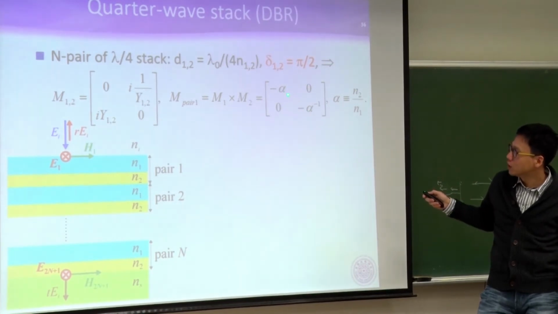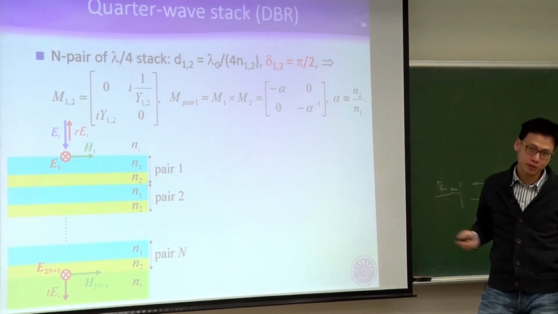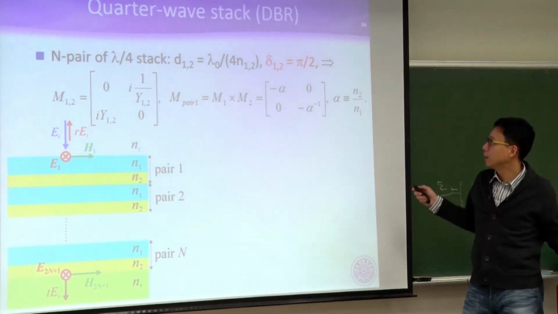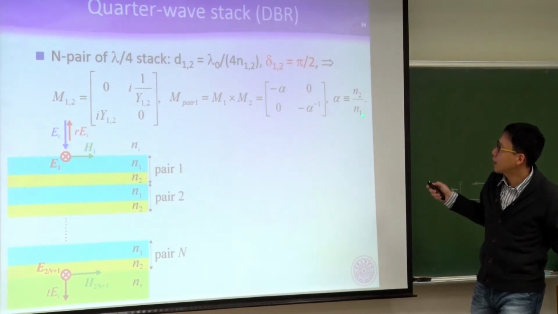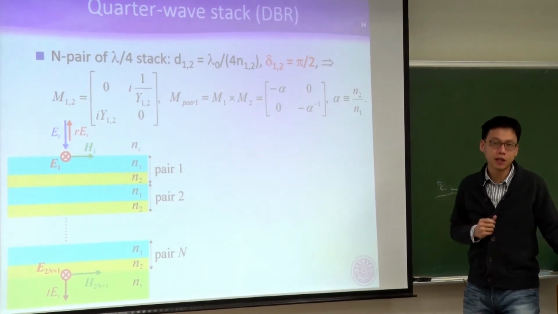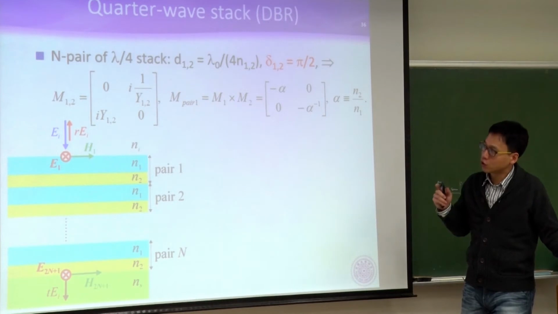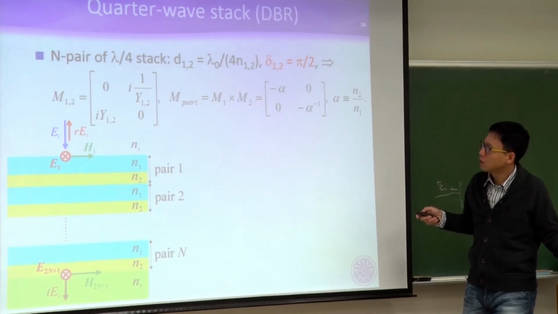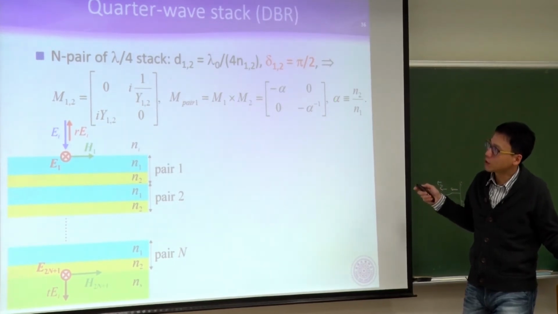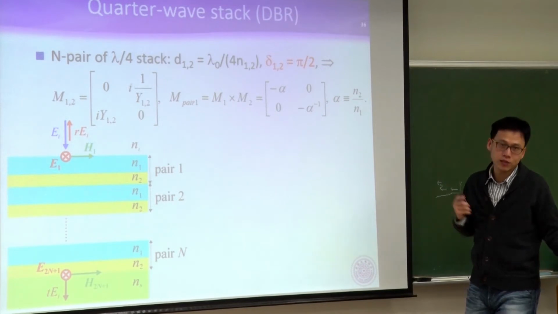The other 2 are minus real number. And the real number is defined by the index ratio, n2 over n1. So you can control the 2 indexes to control the alpha parameter, to control the matrix.